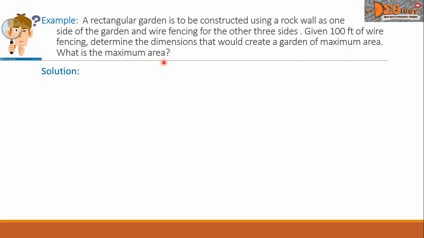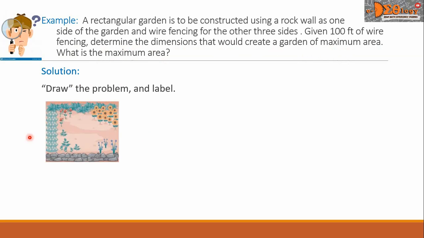For our solution, first, let us draw the problem and label it. Here is our drawing. On this side is the rock wall. Then we label this side to be x, and this side is also x, while the side here will be y.